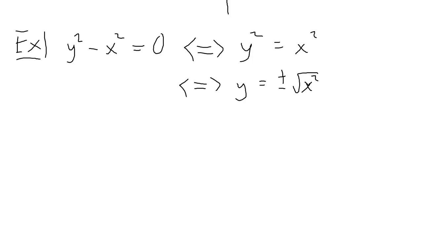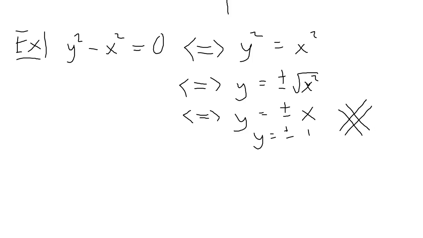It could have been the positive or negative version. So we get y equals plus or minus x. So if we plugged in like x equals 1, we would get y equals plus or minus 1, which is two different answers. So this is not a function.